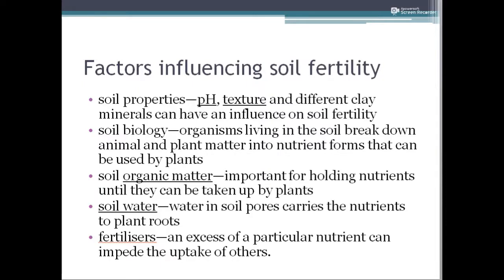Then it depends upon the organic matter present in the soil. It depends upon the water, because water in the soil pores carries the nutrients to the plant roots. And fertilizers also play an important role. If you add fertilizer, of course the fertility increases, but what type of fertilizer you need to add depends upon the type of farming you do.